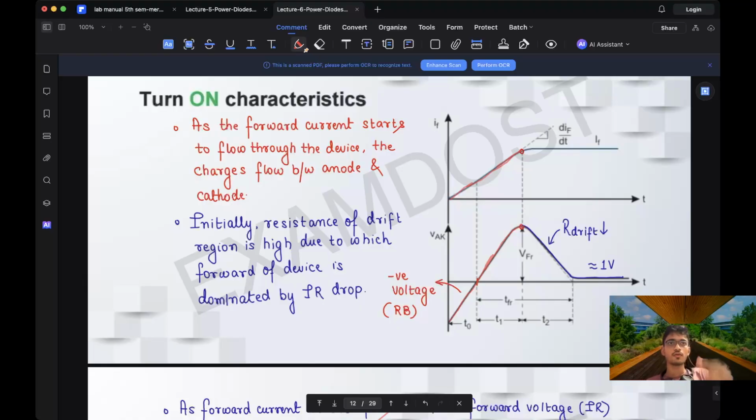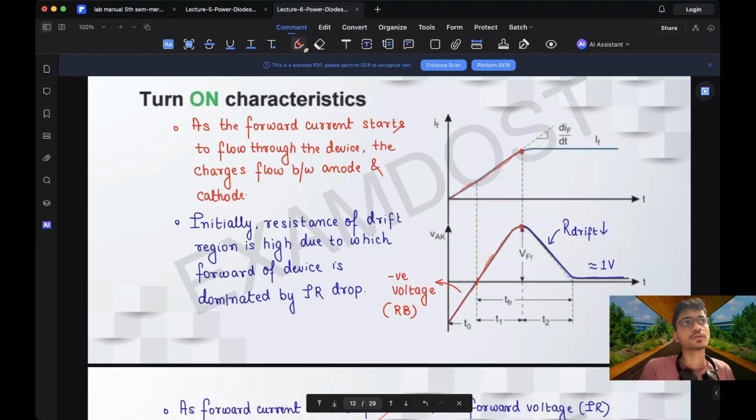After that, a lot of charges will accumulate in the drift layer. So you have lots of charges here in the drift layer, so the sigma, that is the conductivity, would be very high because the concentration of charges is high.